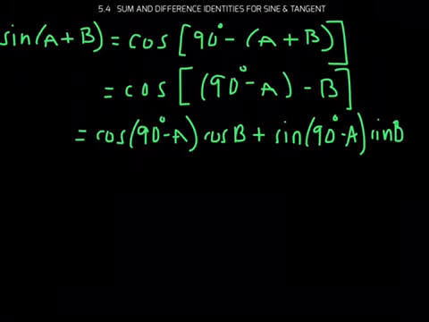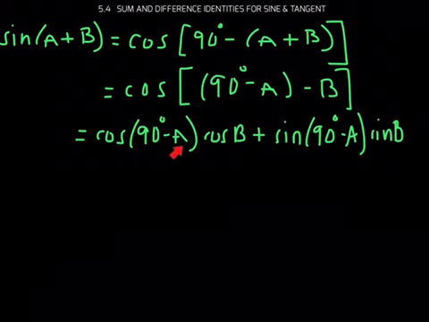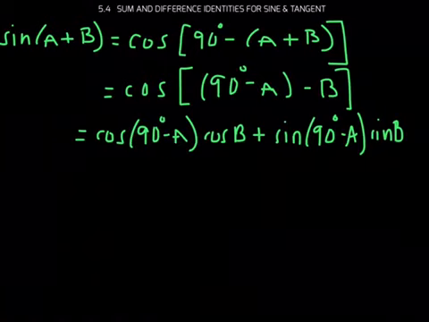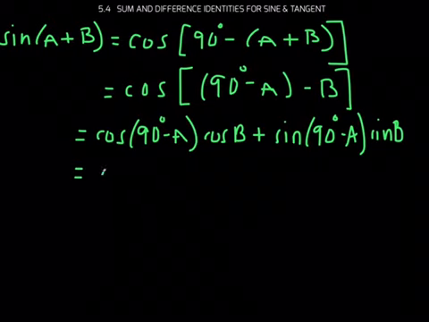Now notice that cosine of 90 degrees minus a is the same thing as sine of a. This is the complement of a, so by a cofunction identity, it is sine of a.